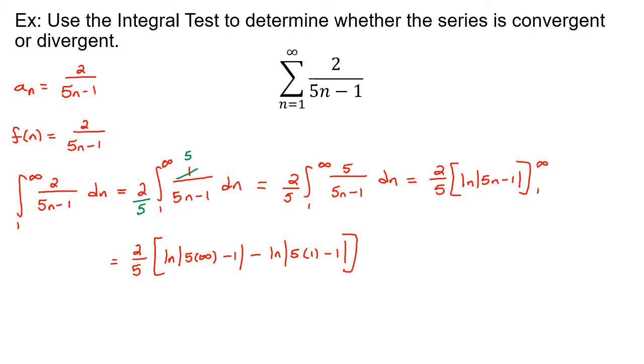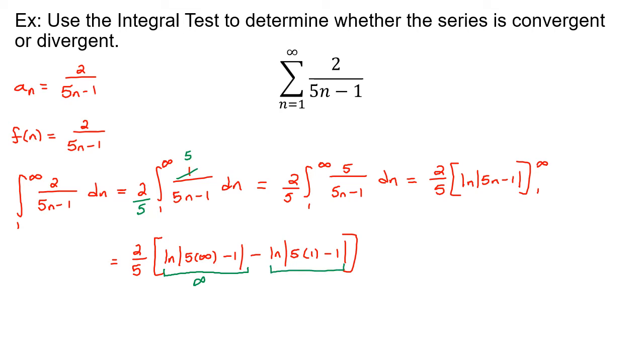So on that infinity there, 5 times a massively large number is going to be really large. Subtracting 1 is not going to do a whole lot for you. But as you're getting bigger and bigger inside of a logarithm, your logarithm will also get bigger and bigger. So this entire logarithm right here is going to go towards infinity. The other logarithm, 5 times 1 is 5 minus 1 is 4.